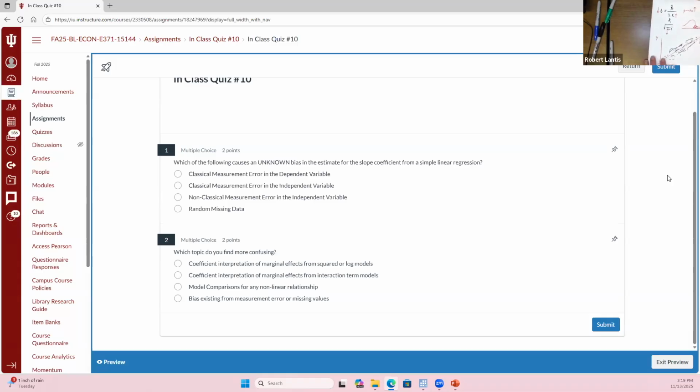We even said if we have non-classical measurement error and it's correlated with the values for X, sorry, we said it's really just like we're getting a different portion. So that was the one I drew out, the second one, where we then extended it to say if it was nonlinear.